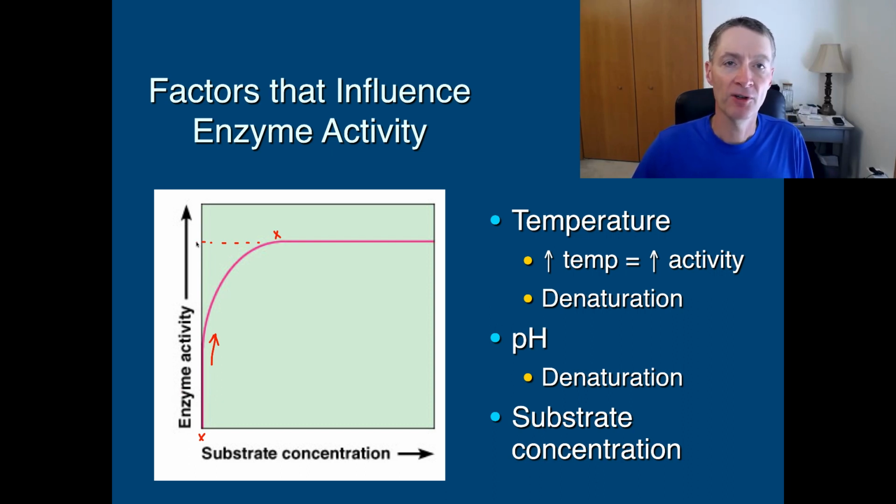Well, that's about as fast as those enzymes can go, right? Only 100 enzymes can be used at a time. So we see a plateau here. We see a limit to enzyme activity based on the amount of substrate that happens to be there, but it can only go to a certain point. Okay?